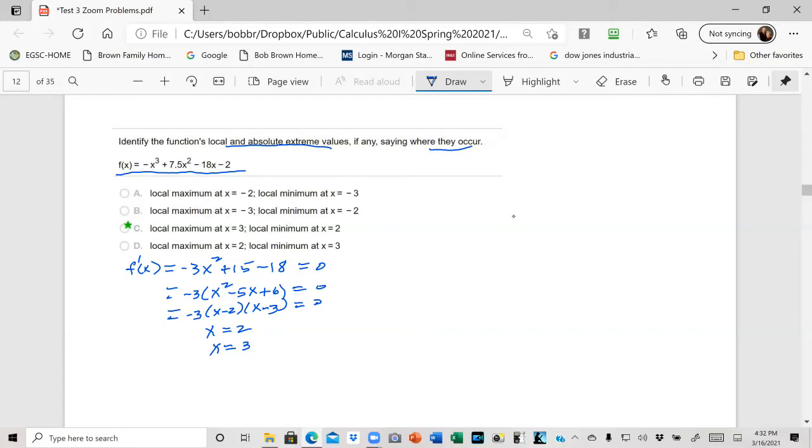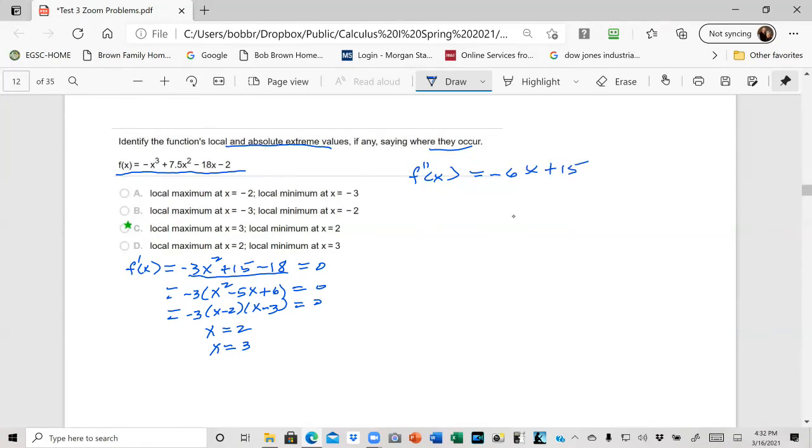And one of the things you could do is graph this and pick out which is the local min or local max. Here I'm going to show you how you can take the second derivative, which is equal to minus 6x plus 15.